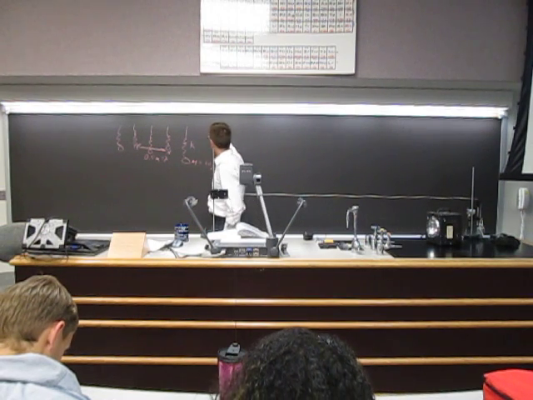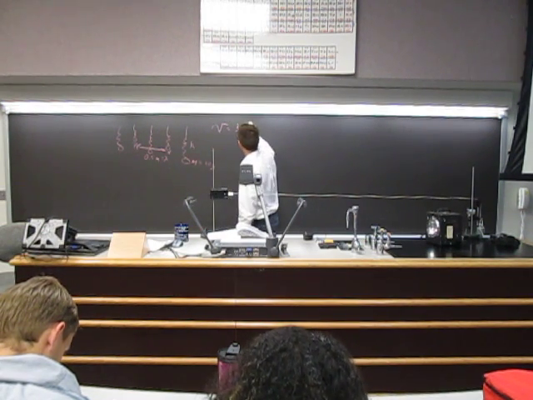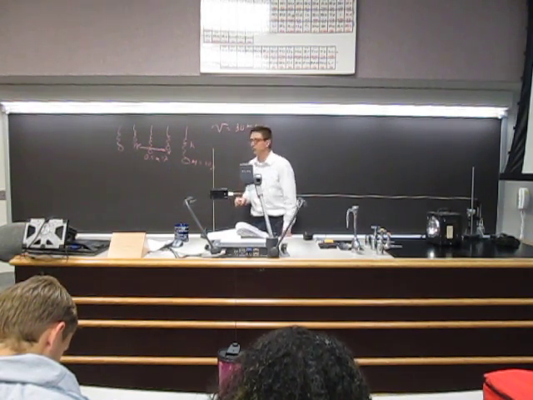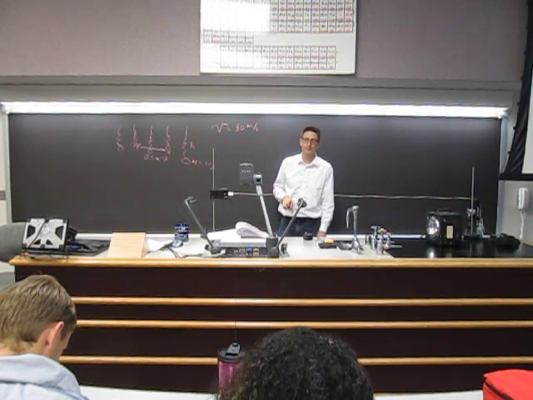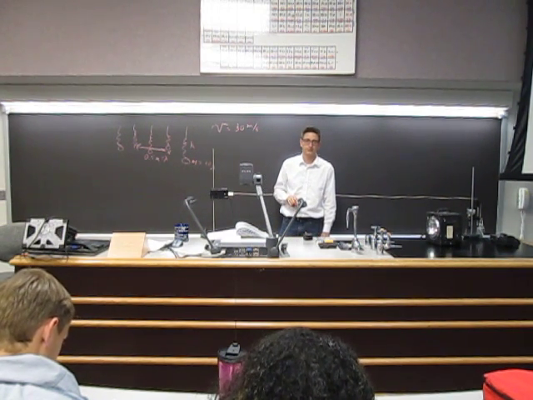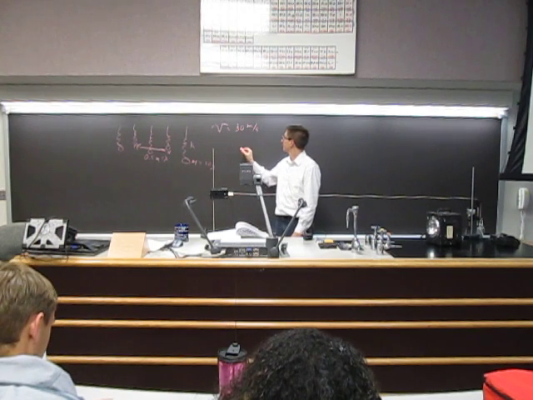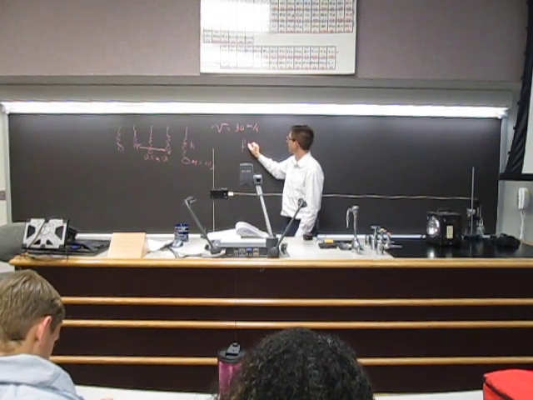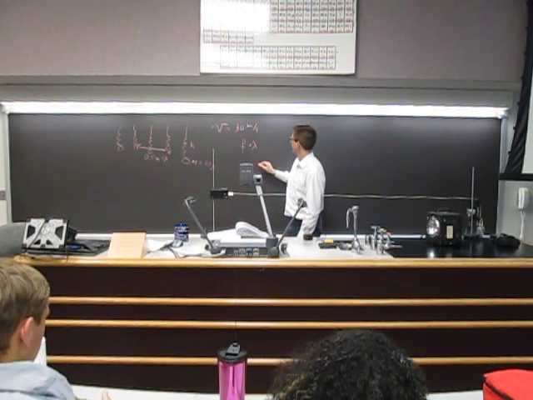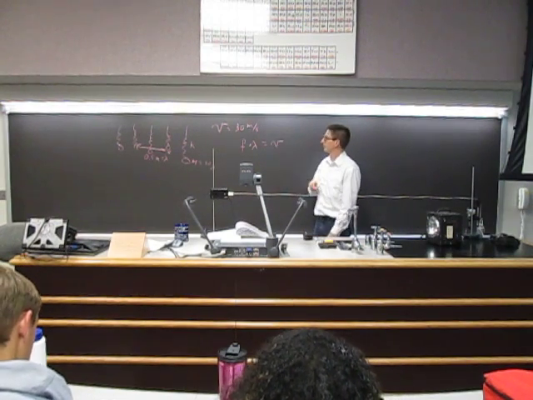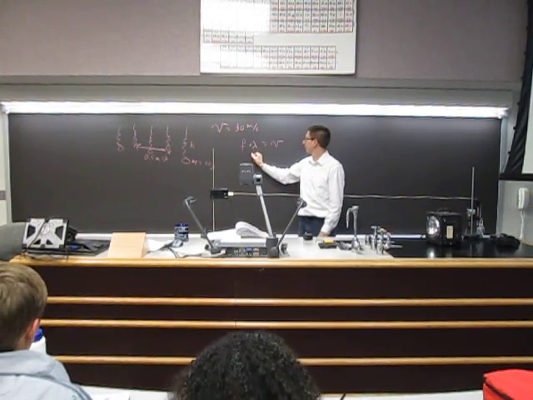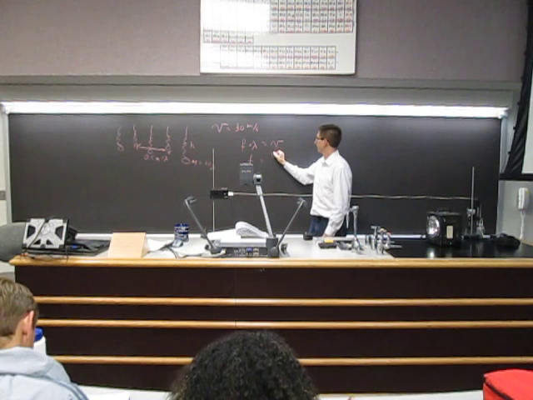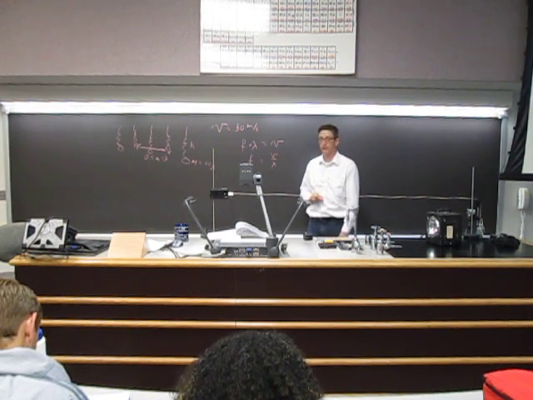All right, and then velocity v was 30 meters per second. What was the relation between wavelength and frequency? Frequency times wavelength equals speed. Yeah, so frequency times wavelength is equal to v. So if I want to know the frequency, that's just the velocity divided by the wavelength.